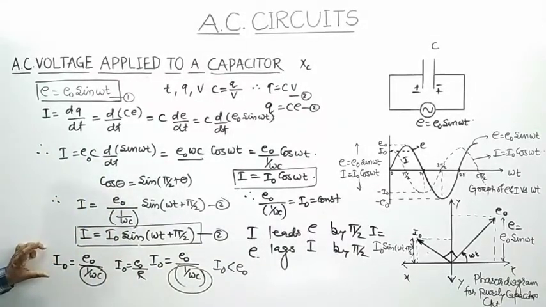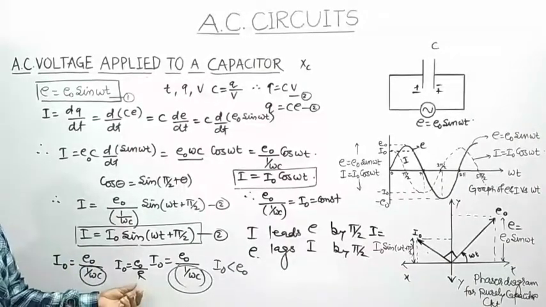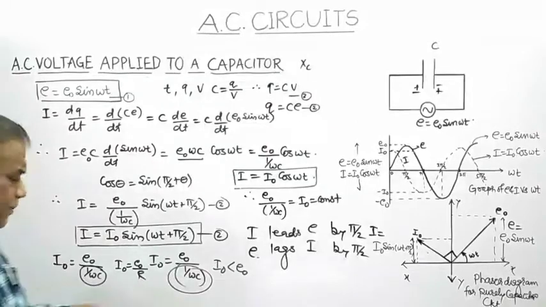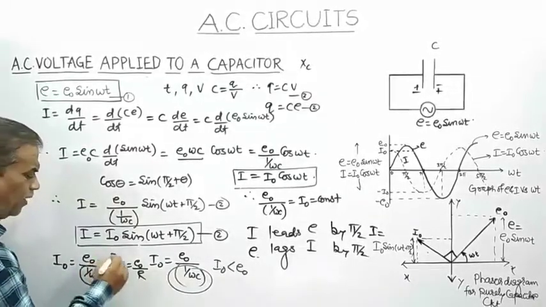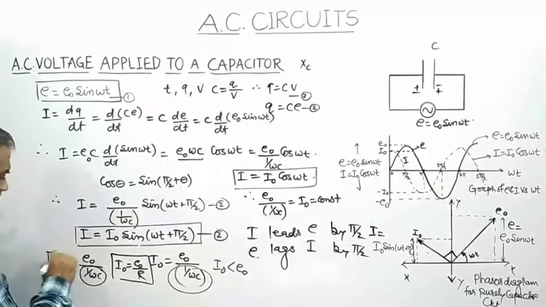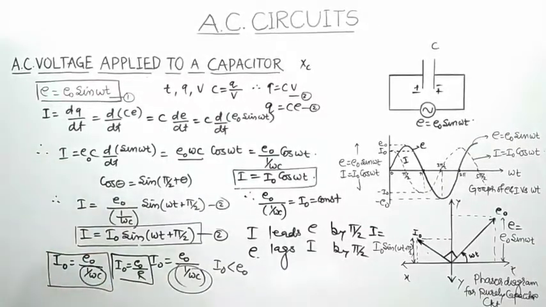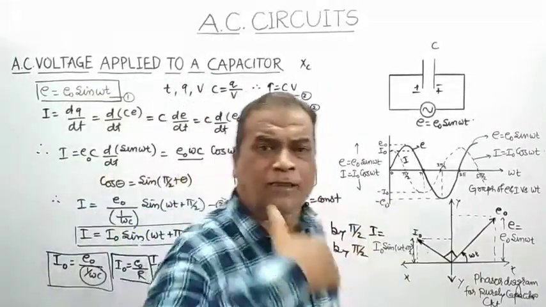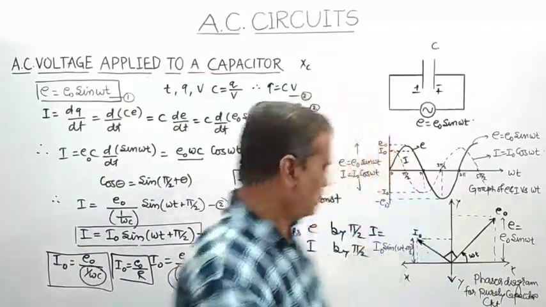If I compare I0 equal to E0 upon 1 by omega C with I0 equal to E0 by R according to Ohm's law, then we conclude that 1 by omega C plays the same role as resistance R in a purely resistive circuit, because this equation is obtained from a purely capacitive circuit. The role played by resistance in a purely resistive circuit is to oppose the flow of current.